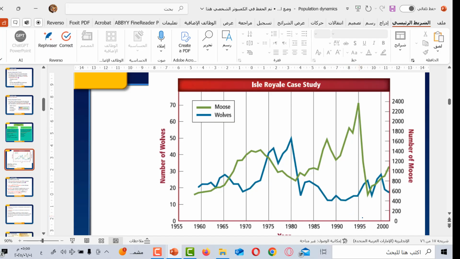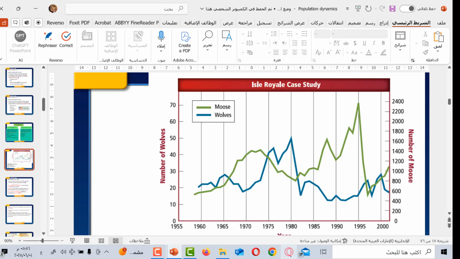Okay, it will be in, this is the moles line, green line, at 1995. Okay, and which year is the wolf coming the highest number? In 1980.